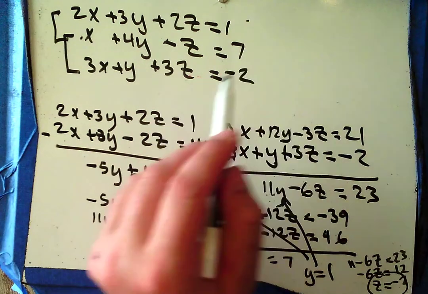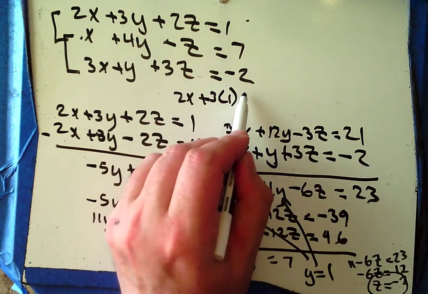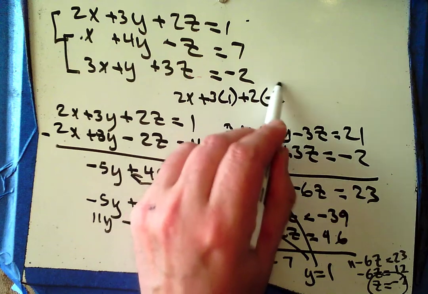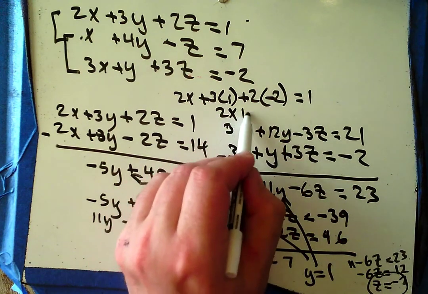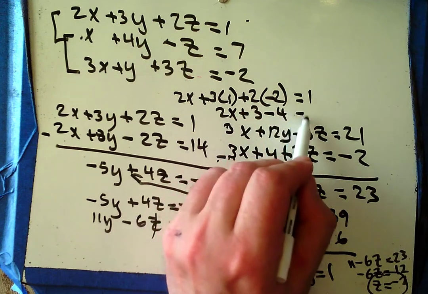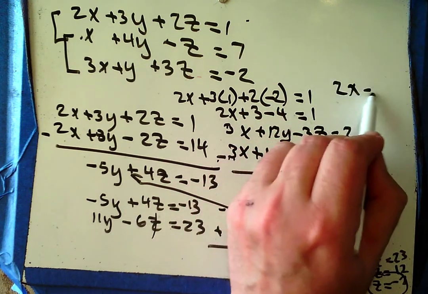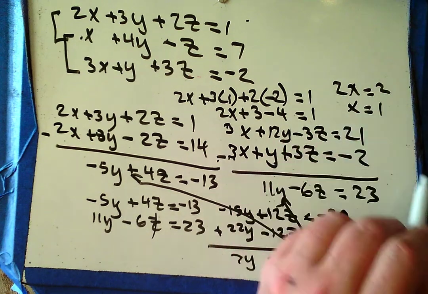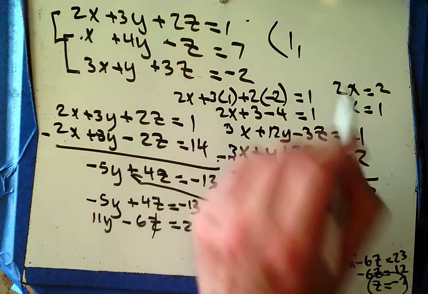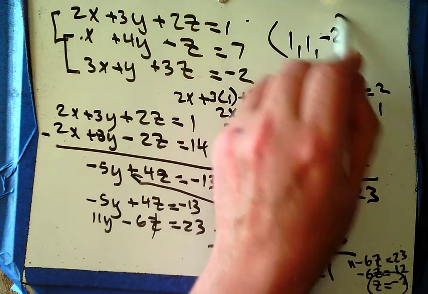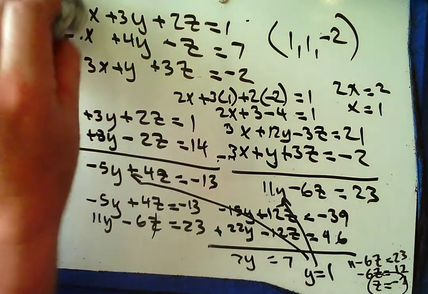So, for example, into the top equation, 2x plus 3 times 1 plus 2 times negative 2 equals 1. And I get 2x plus 3 minus 4 equals 1, or 2x equals 2, or x equals 1. And we said last semester we would write this as an ordered triple, 1, 1, negative 2. So that's how we did the problem last semester.